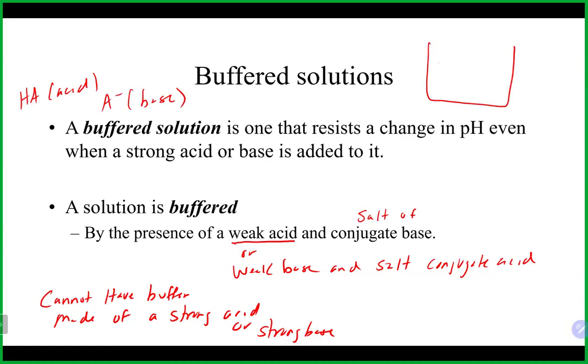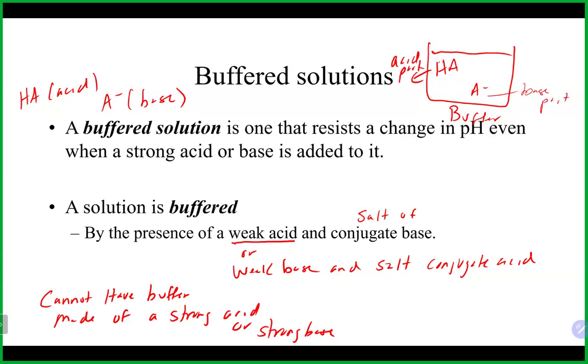So when you make a buffer, in order for it to work correctly, you need to have an acid part and a base part, and they need to be in that solution floating around together.